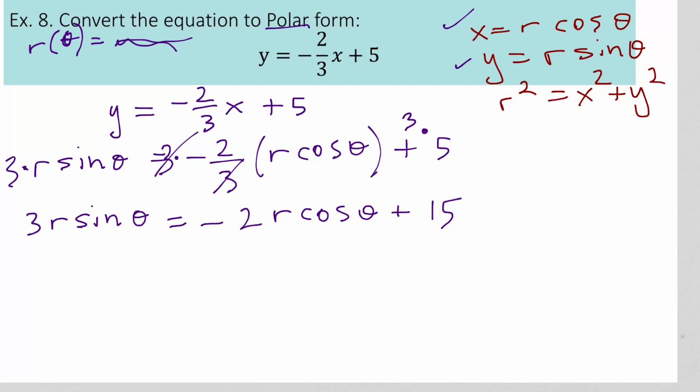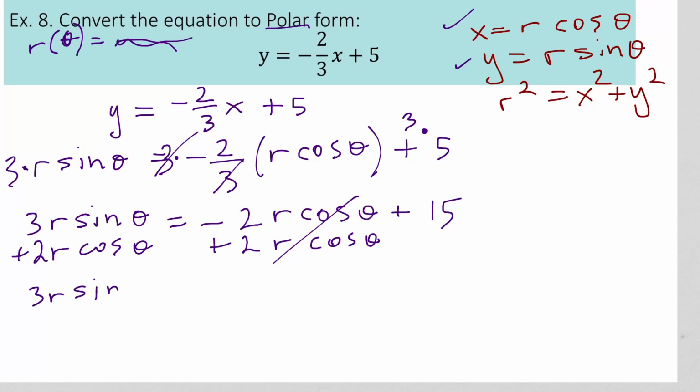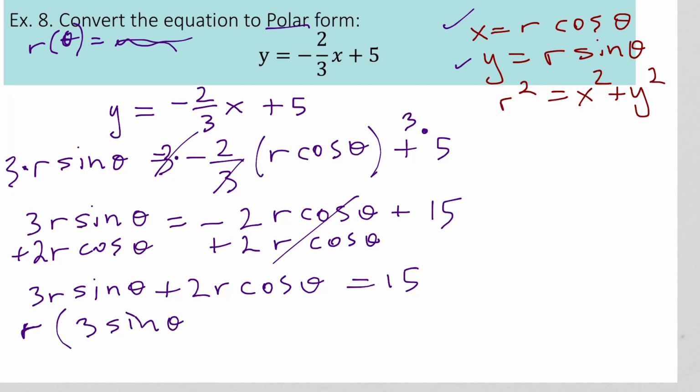All right, now let's bring all of the r terms to the left-hand side. So we'll have 3r sine theta plus 2r cosine of theta is equal to 15. And let's factor out an r here. So I have r times 3 sine of theta plus 2 cosine of theta is equal to 15.